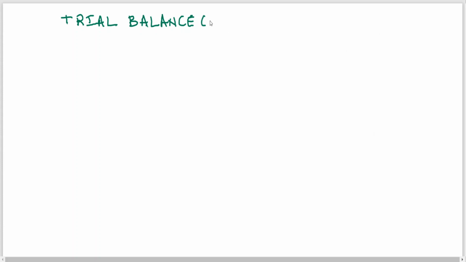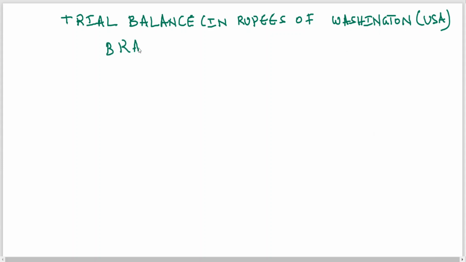Trial balance in rupees of Washington, USA branch, as on 30th September 2016.